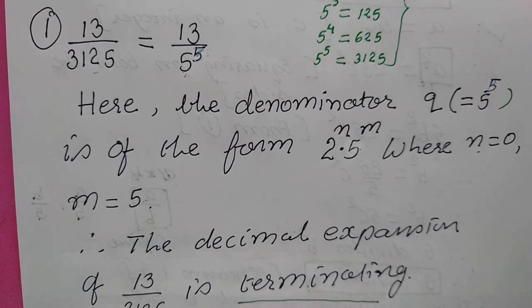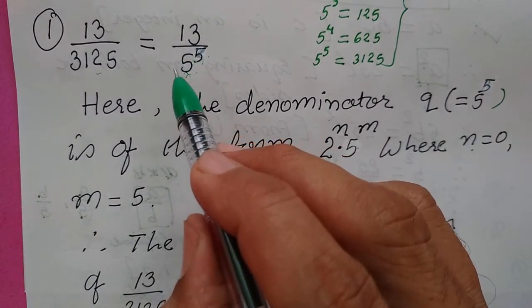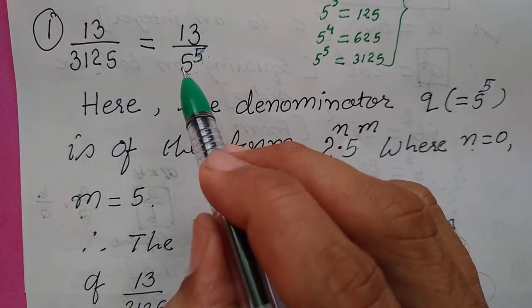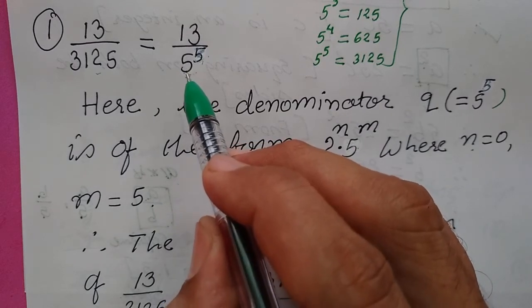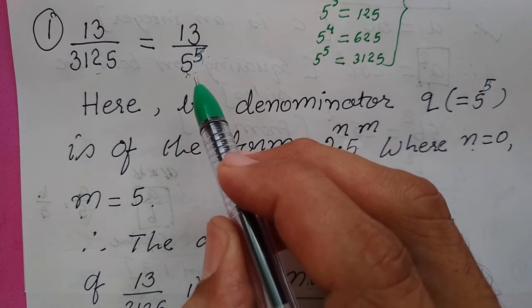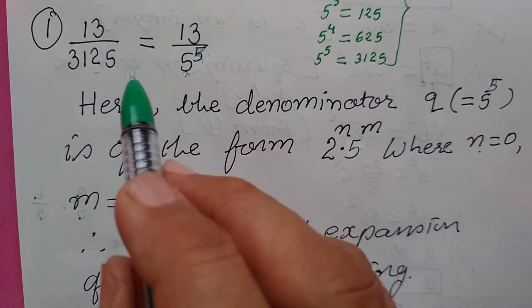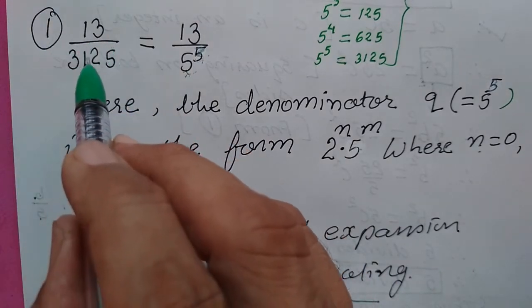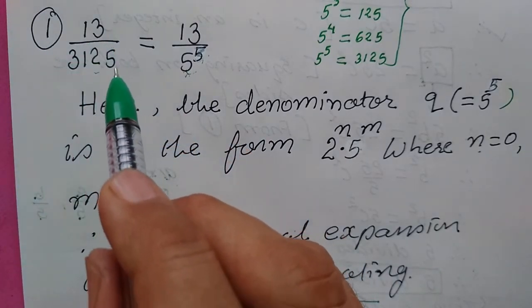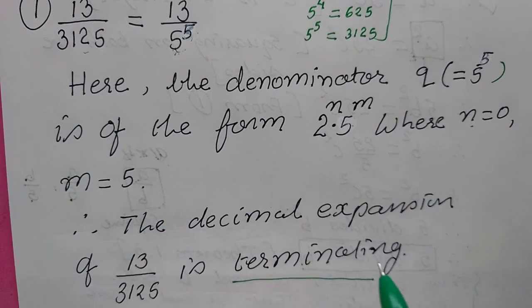Okay children? What is our rule? The denominator must be a power of 2, a power of 5, or both. Then we can say that this is a terminating decimal expansion, meaning after doing long division, your answer will be a terminating decimal expansion.